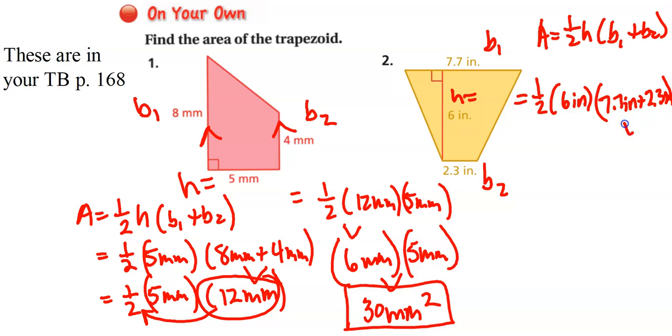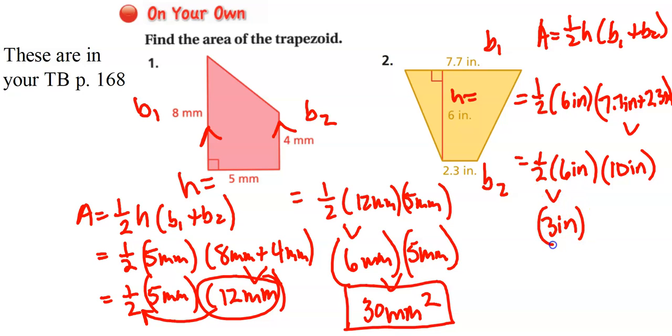I'm going to do the parentheses first, so I'm going to get equals 1/2 6 inches times 7.7 and 2.3 is 10 inches, and then 1/2 of 6 is 3 inches.